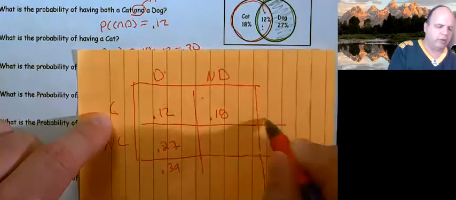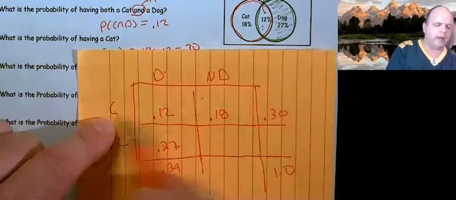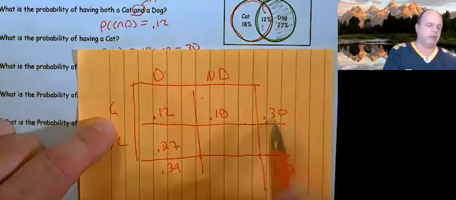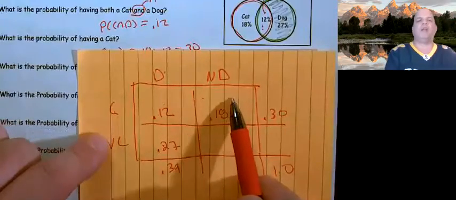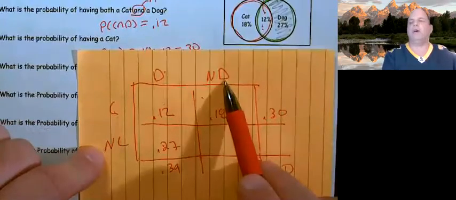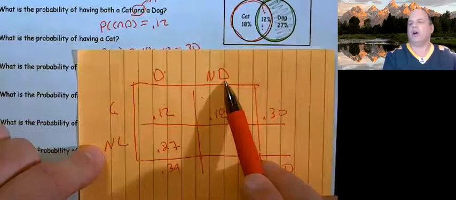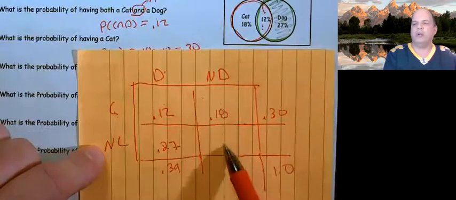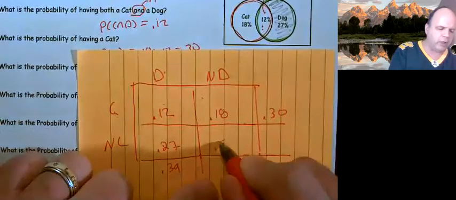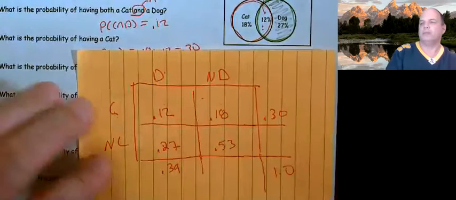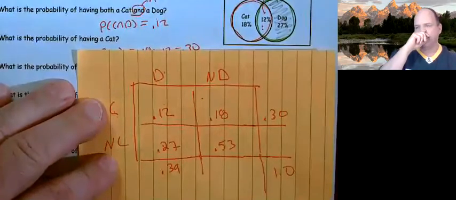And that makes sense because the probability of having a cat is 30%. And then we'll come back to that in just a second. The probability of having not a dog and no cat is 0.53, and that's what we calculated earlier.